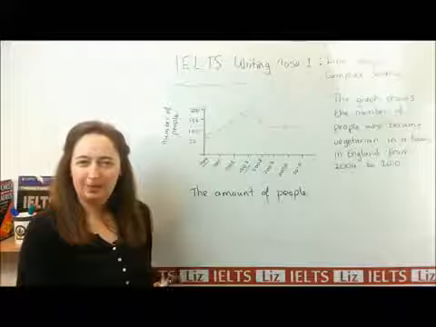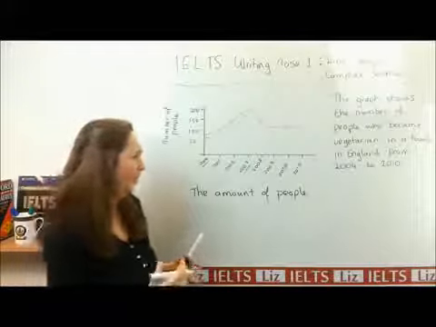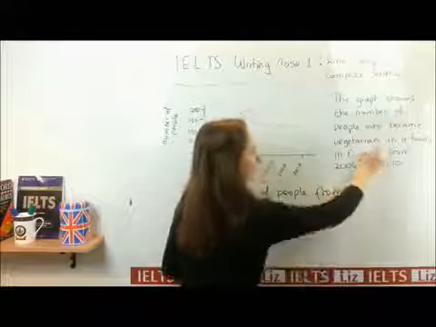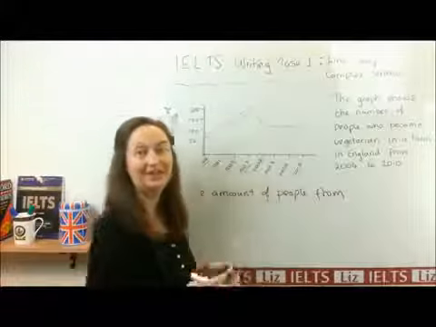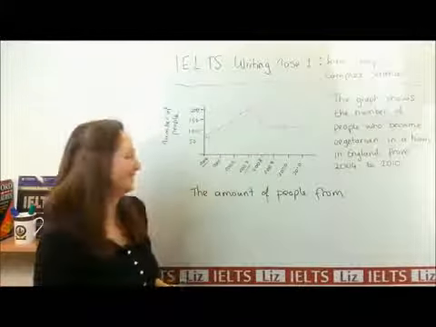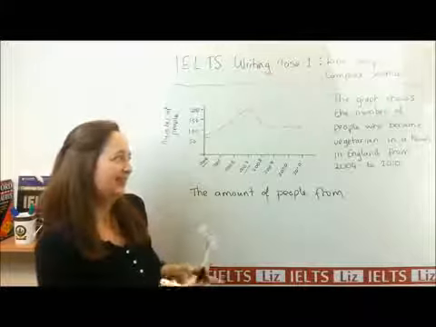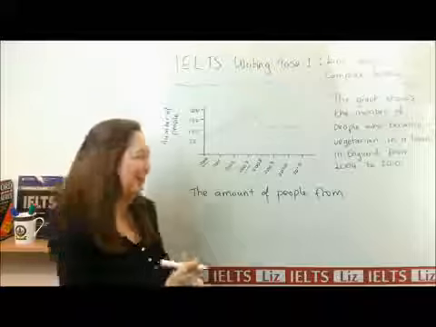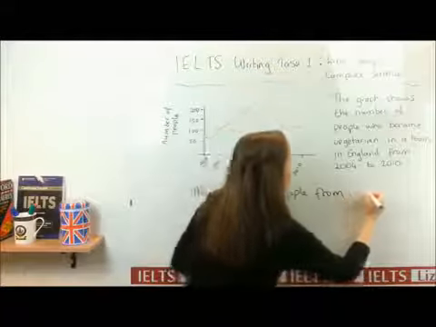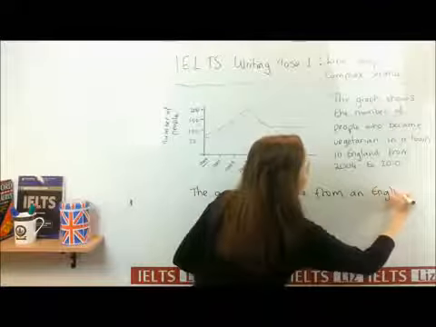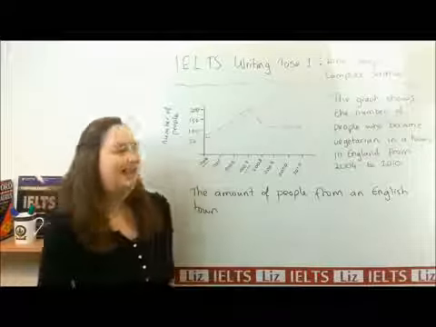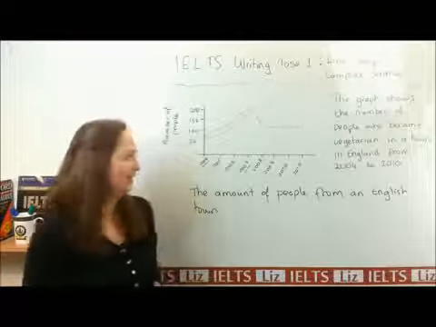Now, where were the people? The people were from, so the amount of people from, and we can put this information into our complex sentence. They say a town in England. Well, we can change that a little bit and we can say from an English town. And what type of people were they?